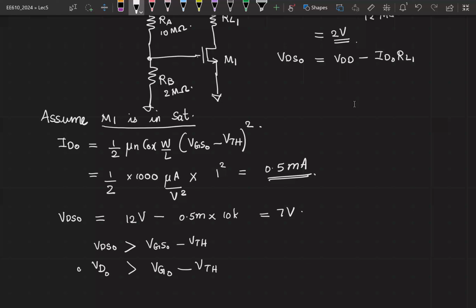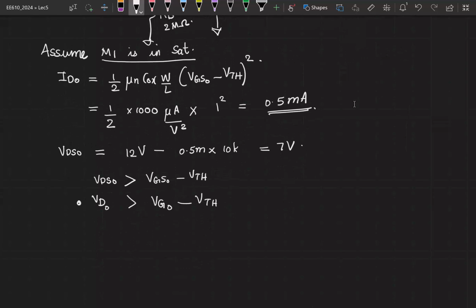Is this clear to everyone how I wrote this? So how low can your drain voltage go below the gate voltage and still have the transistor in saturation? By one threshold. Your drain voltage can go as low as one threshold below the gate voltage and the transistor will still remain in saturation.